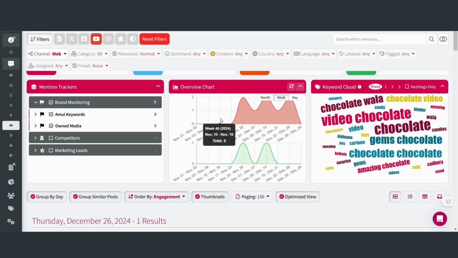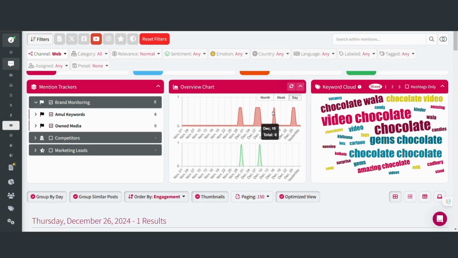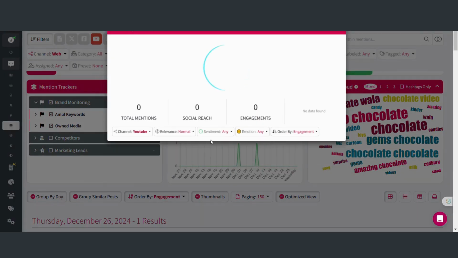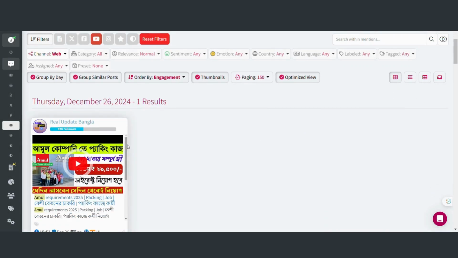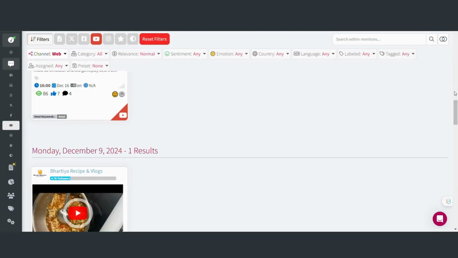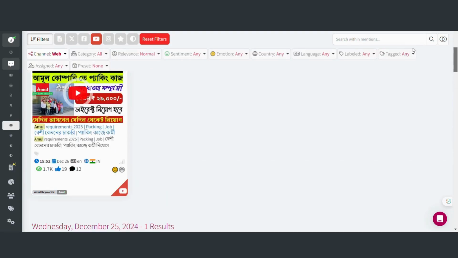And the overview chart on a daily basis shows spikes on the 25th of December, which is Christmas, which would make sense, December 16th, December 8th, and November 29th. There is a positive spike on November 30th and December 10th. Alright, so that completes the video mentions tab.